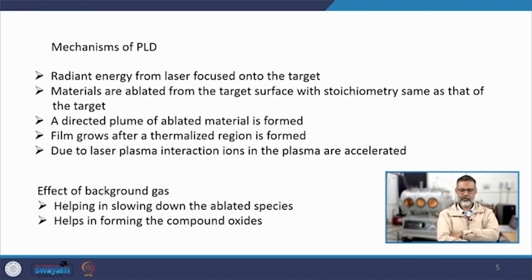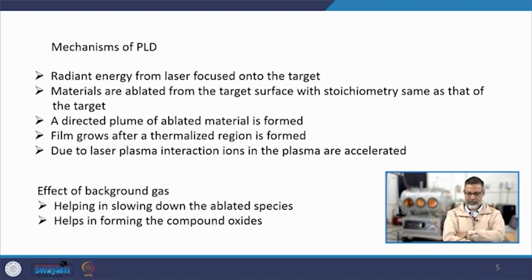For zinc, it can form zinc ions, oxygen ions and electrons. All these ions and electrons move with different velocities towards the substrate, and then again recombine. They will be chemisorbed or physisorbed on the substrate, and form again that same material on the substrate.